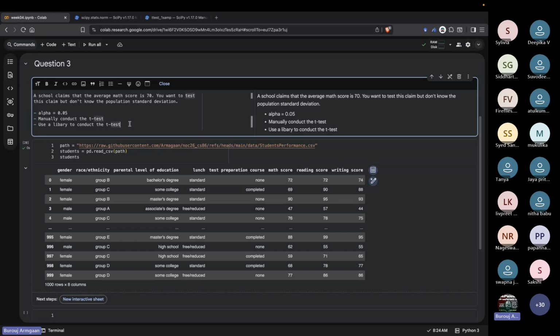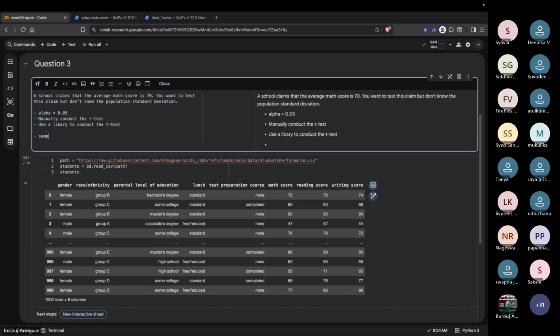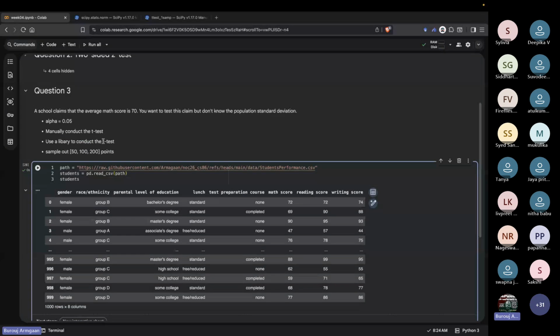If anyone was able to do it, you can try an additional problem. Rather than taking the entire sample, these 1000 rows, as a sample, take 50, 100, or 200 points as your sample and see how your t-test score varies and see how your decision varies.